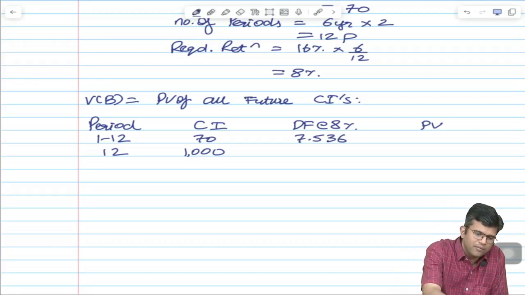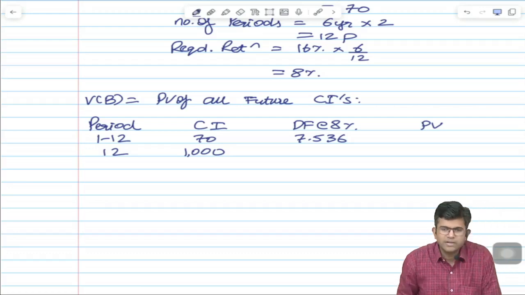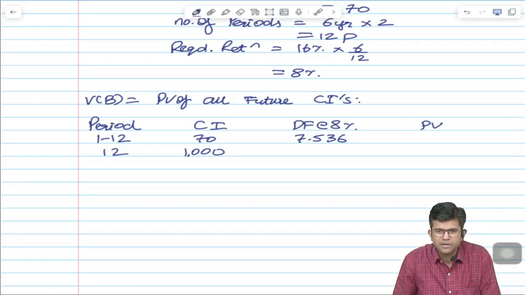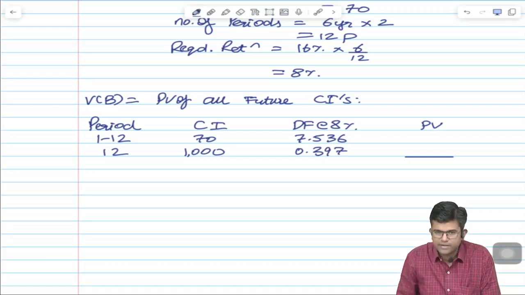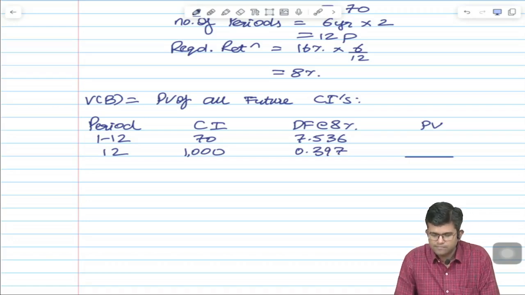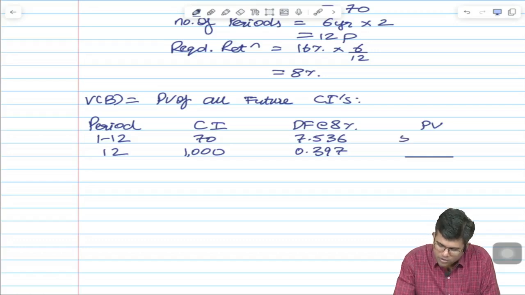1 divided by 1.08, 1, 2, 3, 4, 5, 6, 7, 8, 9, 10, 11, 12. 0.397. Please confirm someone. 0.397. Okay. Give me the first number: 70 into 7.536 is 527.52.